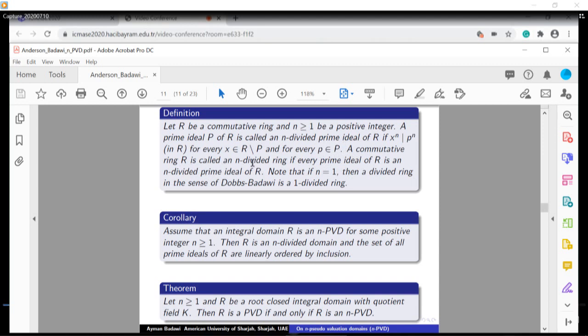Then we call the ring n-divided if every prime is n-divided.